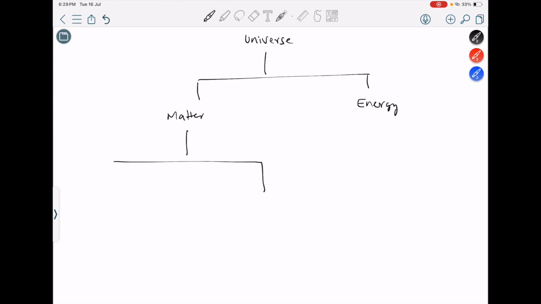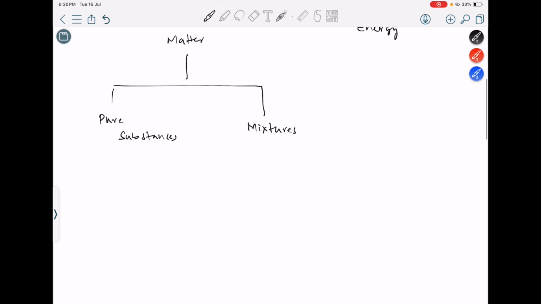Matter is further classified into two categories: pure substances and mixtures. One is pure substances, another one is mixtures.